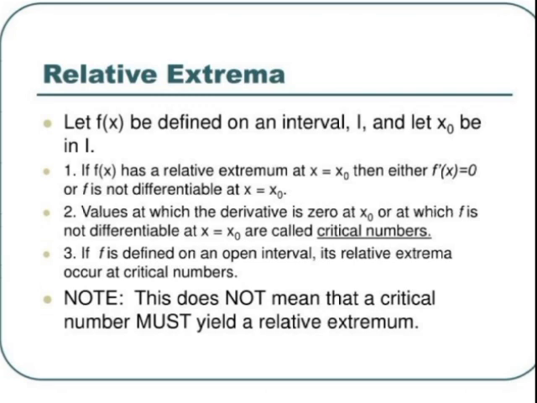Relative extrema. Let f of x be defined on an interval I and let x sub 0 be in I. Number 1. If f of x has a relative extremum at x is equal to x sub 0, then either f prime of x sub 0 is equal to 0 or f is not differentiable at x is equal to x sub 0.